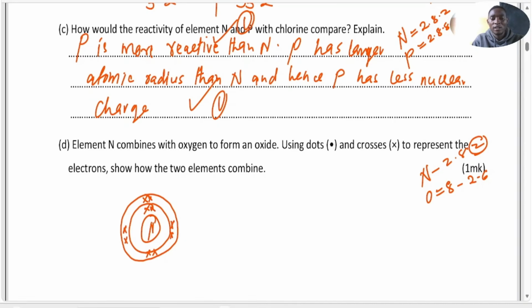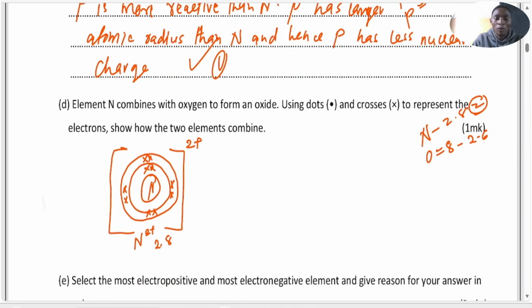Because it loses 2 electrons to become an ion, I'm going to enclose it with the 2 brackets, then show the electrons that are lost. Then this becomes 2 positive, 2, 8.